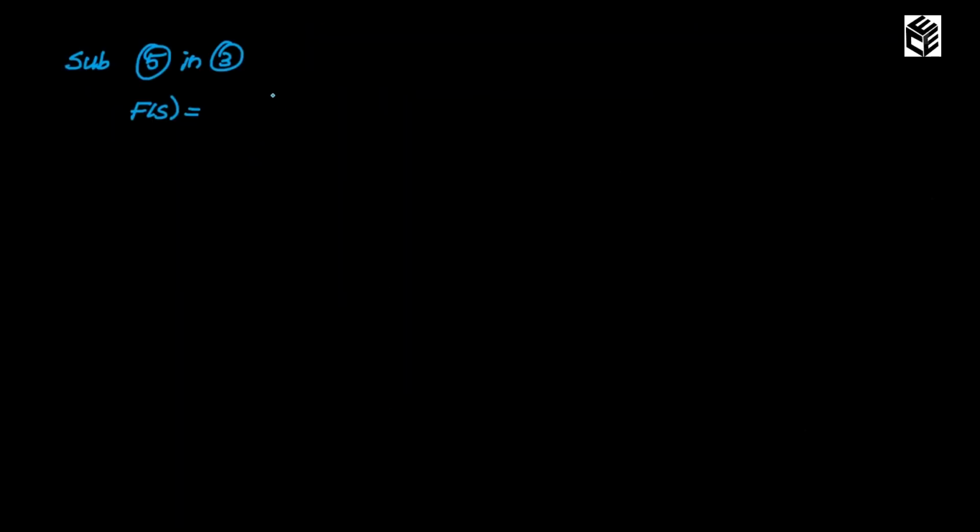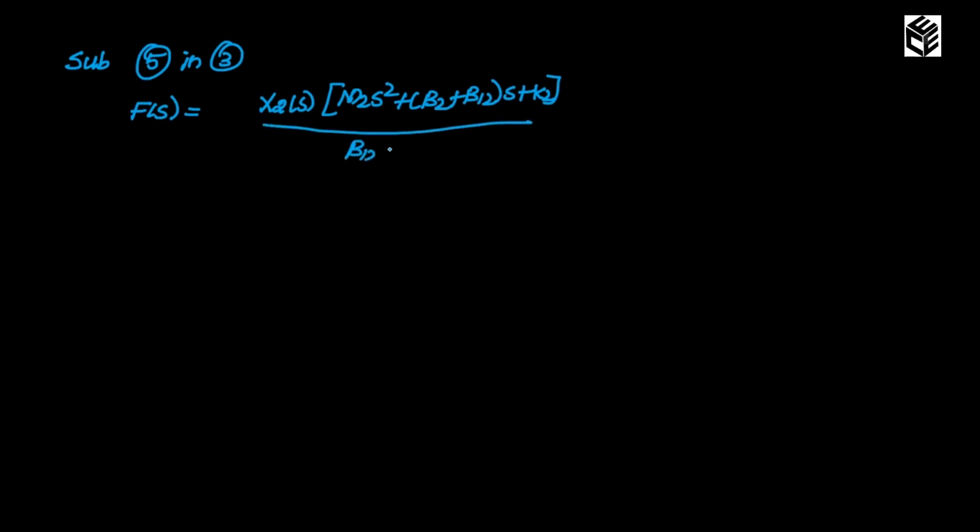So that is X2(s) into (m2 s² + (b2 + b12) s + k2) divided by b12 s, multiplied by (m1 s² + (b1 + b12) s + k1), minus b12 s into X2(s).